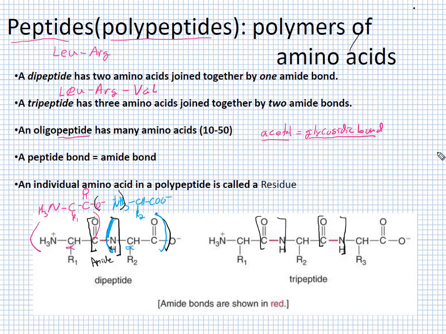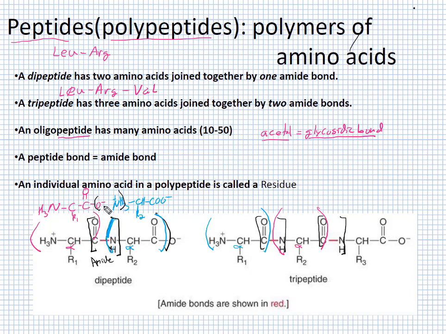So we have a tripeptide here. The first, R1 here, goes from the amino group through its alpha carbon to the carboxyl group. Second amino acid from its amino group to its alpha carbon to its carboxyl group. Now, of course, now it's really a carbonyl. The carboxylate or carboxyl group has been reacted with the ammonium of a second amino acid.